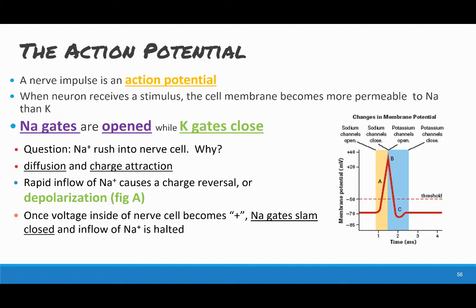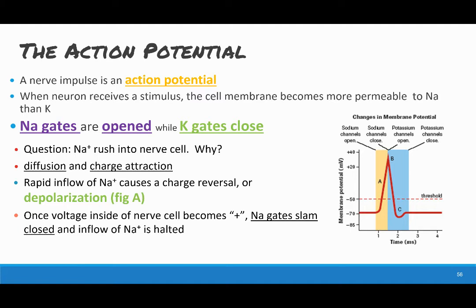If the inside has a negative 70 millivolt charge, and sodium ions have a positive charge, then there is charge attraction. Those sodium ions will move to where there's a negative charge. In either case, we call this process depolarization.